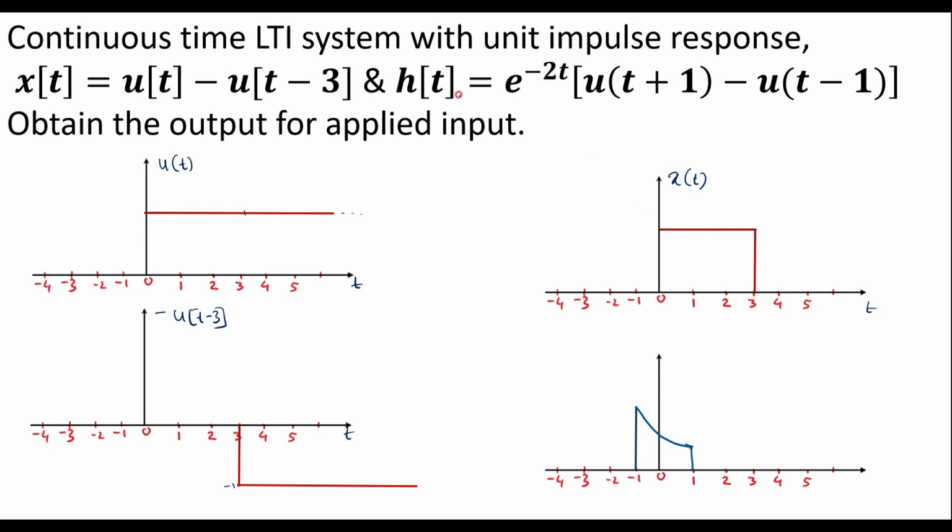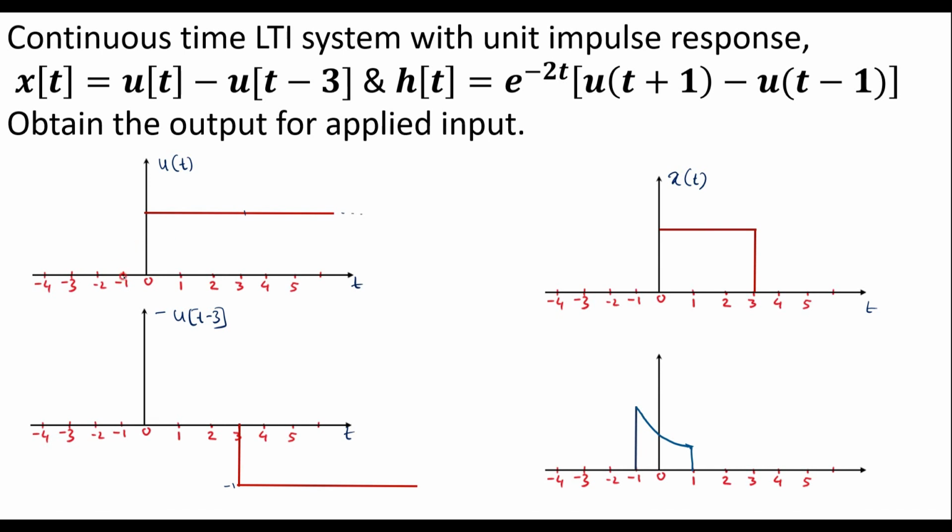Now consider h of t, which is equal to e power minus 2t, an exponential decaying signal, multiplied with u of t plus 1 minus u of t minus 1. Here u of t plus 1 is a step signal which begins at t equal to minus 1 and continues till infinity.